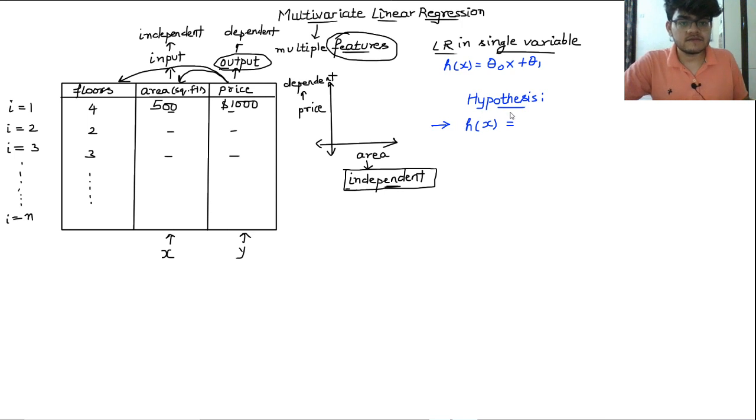In case of multiple features, we have the hypothesis as theta 0 x 0 plus theta 1 x 1 plus theta 2 x 2, and it goes on till theta n x n, where n is the number of features.